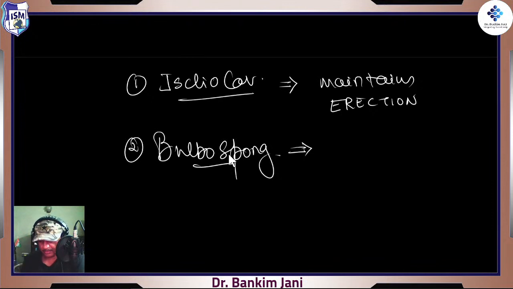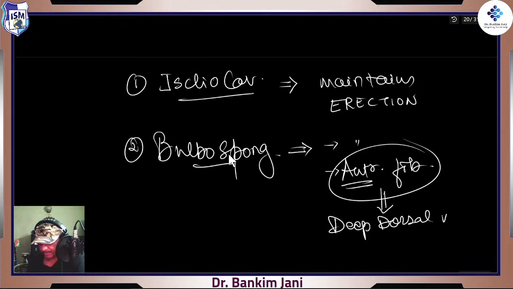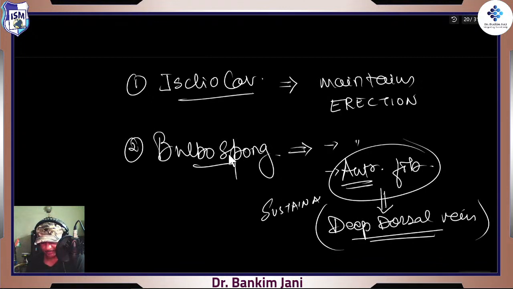One, the erection. But the second function is that its anterior fibers, though there are anterior fibers and middle fibers, will actually be compressing the deep dorsal veins. Now, when the veins are compressed, it would prevent emptying of these veins. When emptying is prevented, that will give that sustainability.